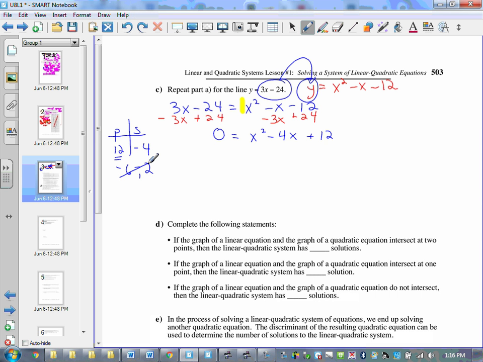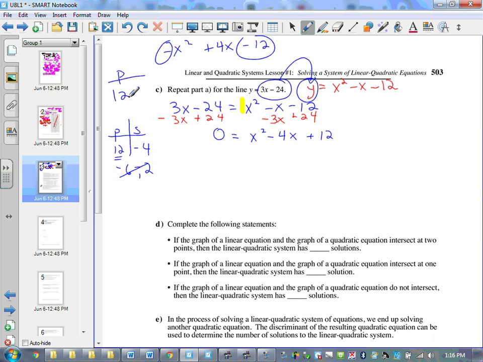No, no. So if we have negative x squared plus 4x minus 12, what's our product? It's negative 1 times negative 12. It's still positive 12. Yeah, that works.